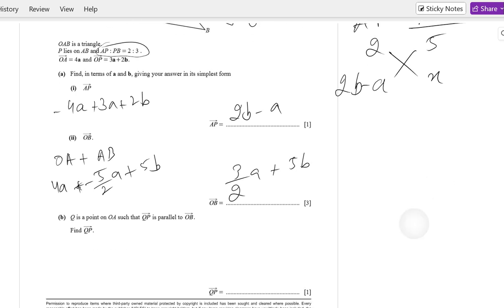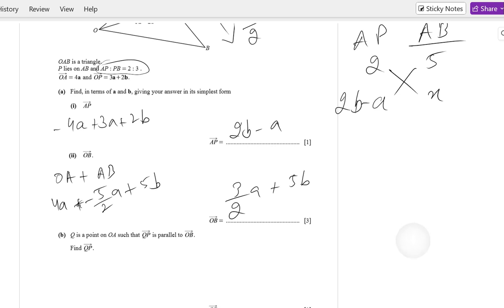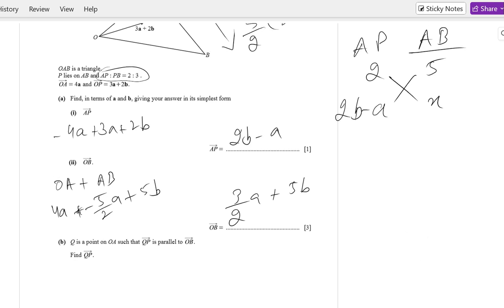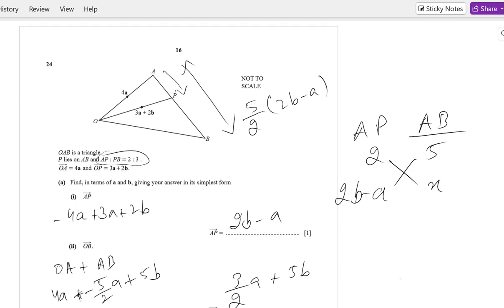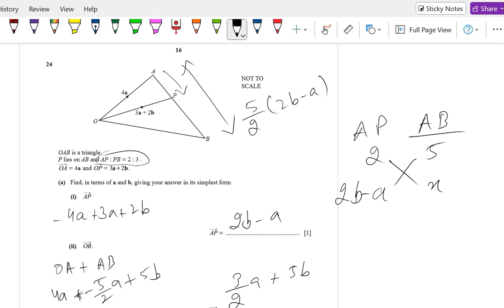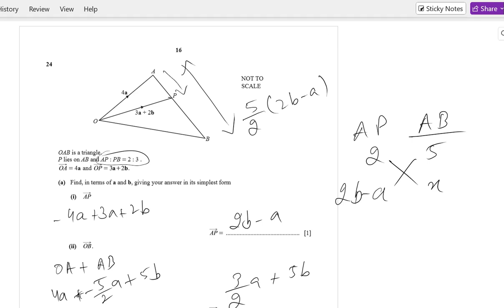Alright. Q is a point on OA. QP is parallel to OB. So for making it parallel, it should be taken into account that QP should be parallel to OB. So this would be some kind of situation here. This should be Q. And now if these two are parallel, they are making similar triangles. We know very well that this side is 2 and this side is 5.